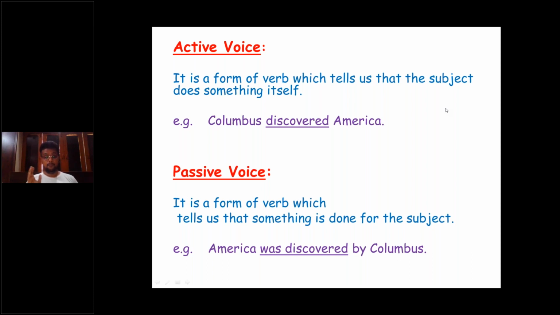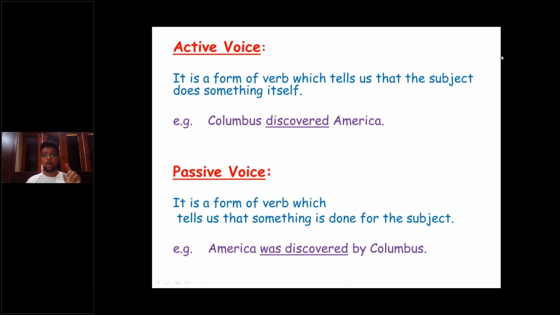An active voice is the form of a verb which tells that the subject is doing something. What does the active voice tell us? It tells us that the subject is doing something. The emphasis is upon the subject.